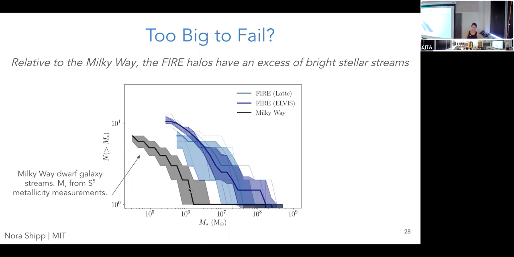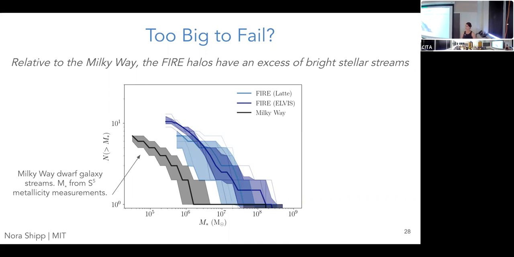And then in black is the dwarf galaxy streams in the Milky Way. So these are all streams that we've observed with S5, but it actually does include the full population of Milky Way dwarf galaxy streams in this mass range, because even the streams that are in the northern hemisphere have been found to be associated with streams that have been observed by S5.